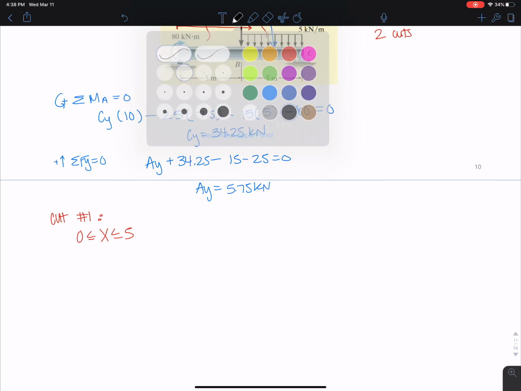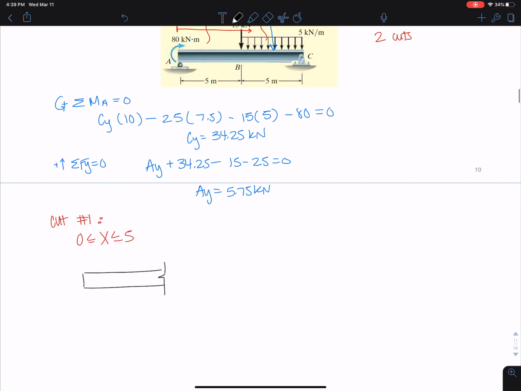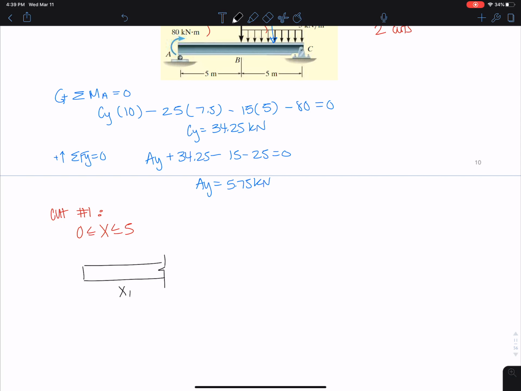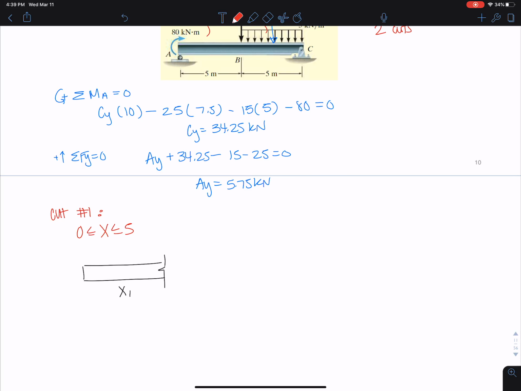Okay, so let's draw this cut. And I don't have any load actually until this point. So this is x1, and I have here the 80 kilonewton meters, and I already solved for this 5.75 kilonewtons. And of course I made a cut, so I always expose internal shear and moment.